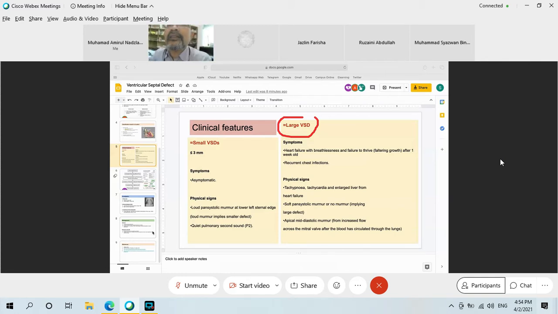Okay. This is the characteristic of VSD. Special for VSD. Like ASD just now, it's the fixed, wide split second heart sound. For VSD, the small VSD has the louder murmur.